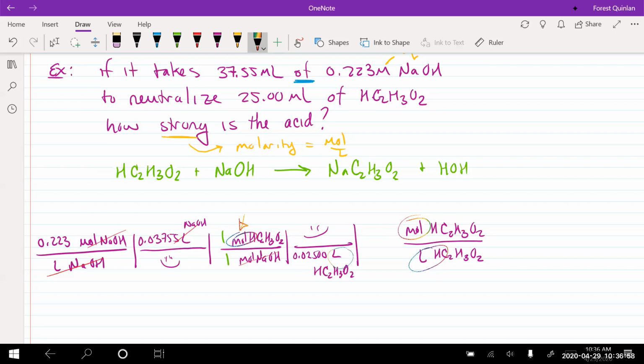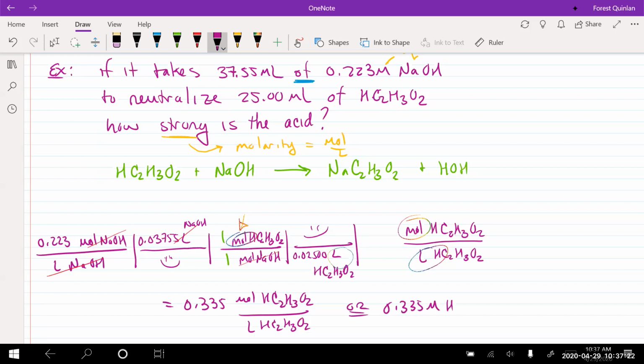If you do this, you should end up with 0.335 moles of acetic acid per liter of acetic acid. Or if you wanted to make that clean, you call it 0.335 molar acetic acid.